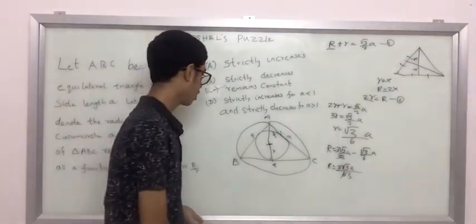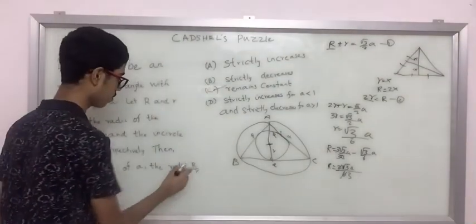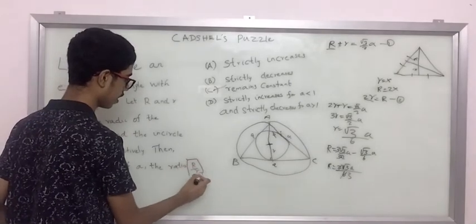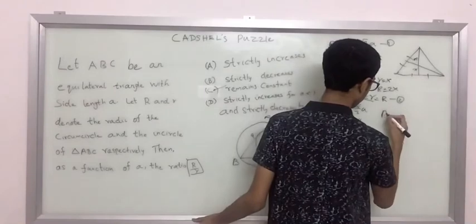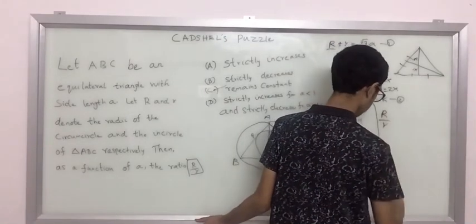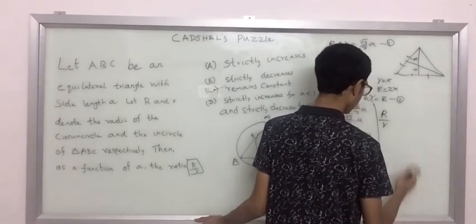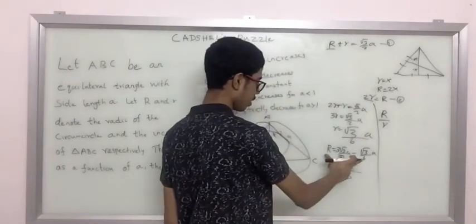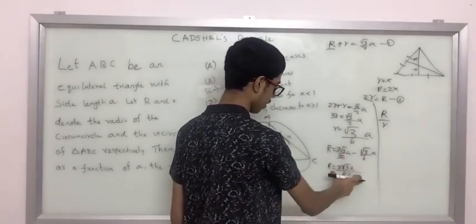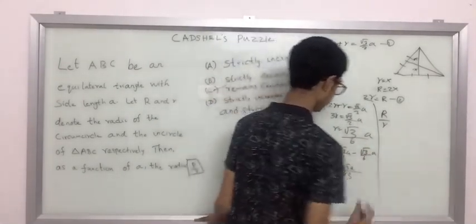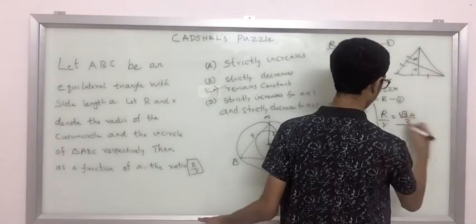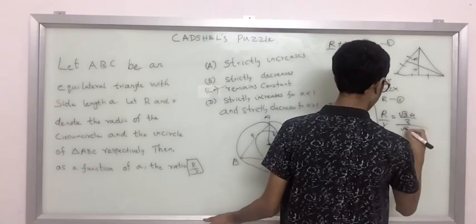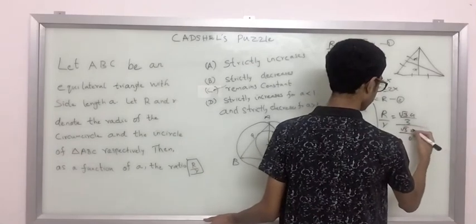Now what did they ask? They asked for the value of R by r. Now it's very easy to find. R by r is capital R, which is equal to root 3 a by 3 all divided by root 3 a by 6.